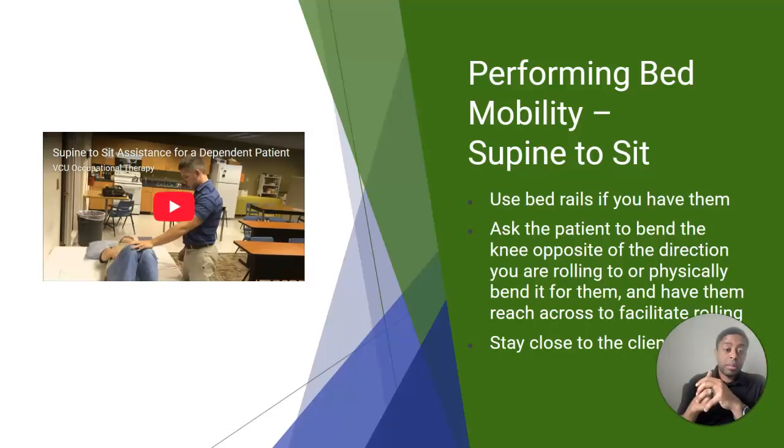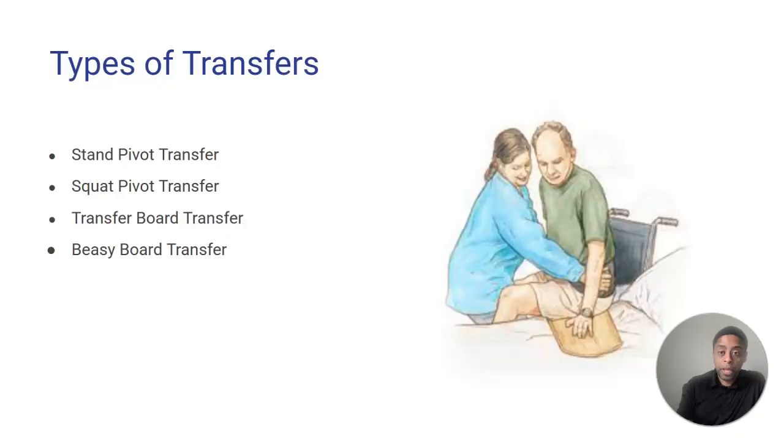When you assist the person's trunk into a sitting up position, your arm is going to be placed under the shoulder blade or the shoulder that is making contact with the bed, and your other hand is going to be on the hip opposite to the hip that is making contact with the bed. Then you're going to assist them in that transition into sitting at the edge of the bed, and we'll practice that in class.